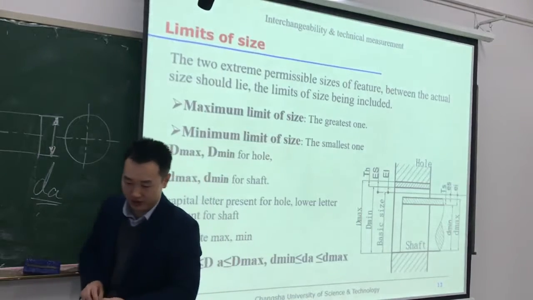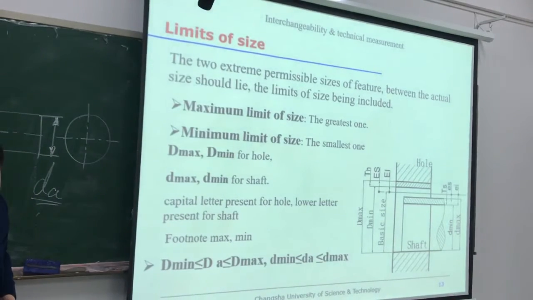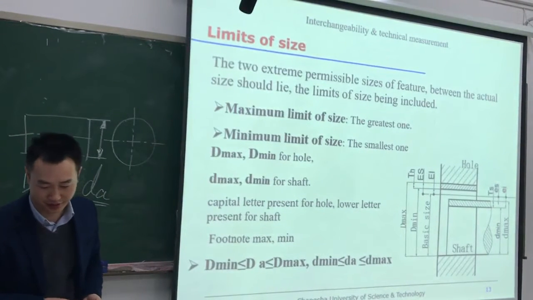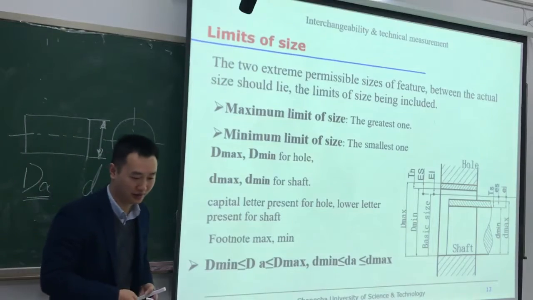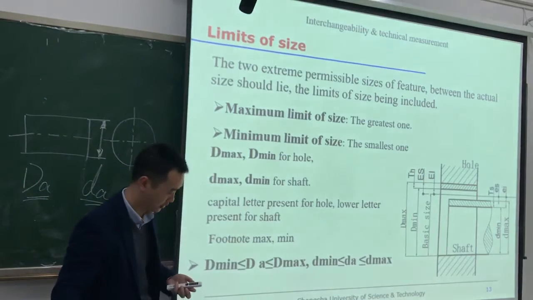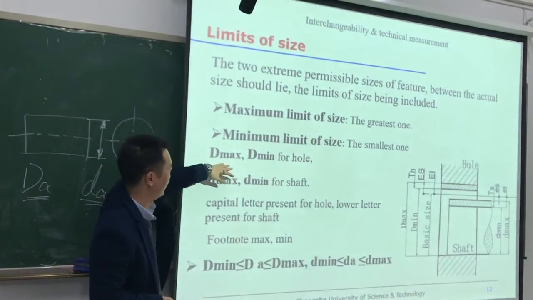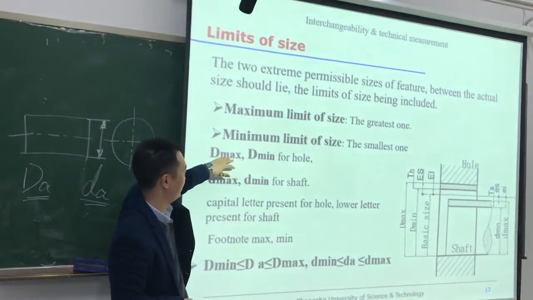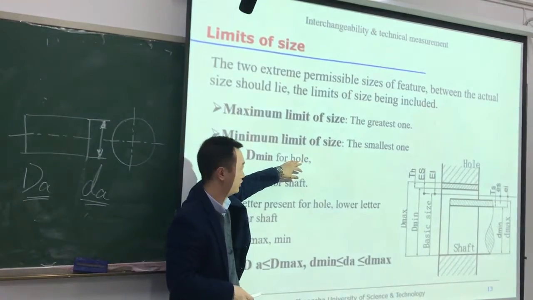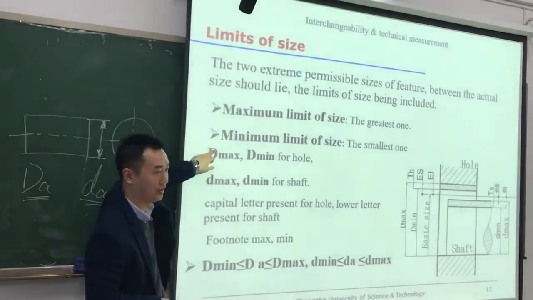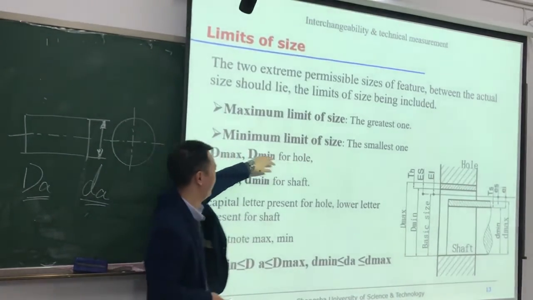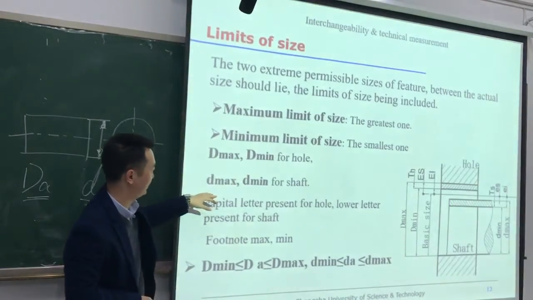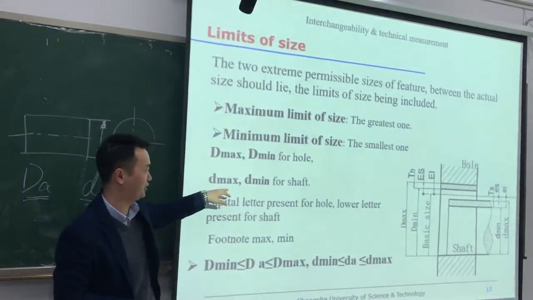And we also have symbols to represent the minimum limit and the maximum limit for both the hole and the shaft. We use max and min as the footnote. It represents the hole. It's the symbol for the hole. We use the capital D. When we talk about the hole, the letter is always capital. And for the shaft, we also have d max and d min.